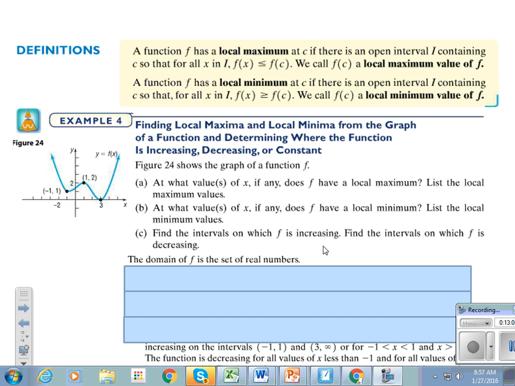Okay, so for figure 24, we're going to see for any values of x, does f have a local maximum? So we want to find the top of our hill. And then we're going to list those local maximum values. So if you're looking at this graph, the hill happens at 1, 2. So at 1, 2, that's considered a local max.